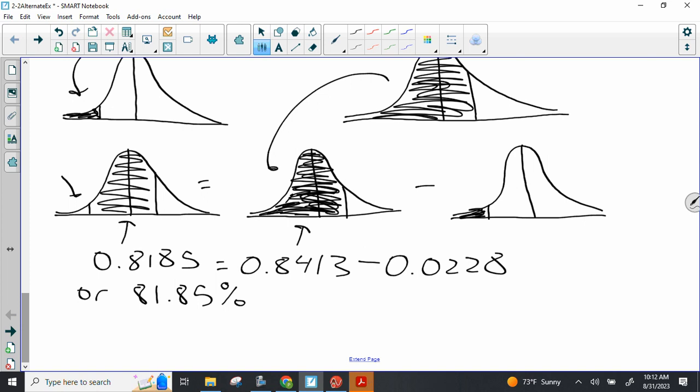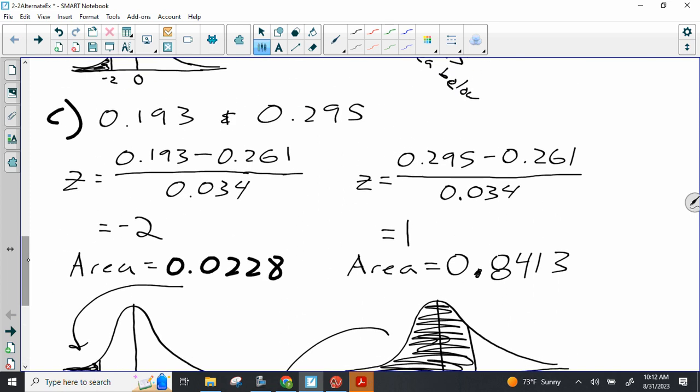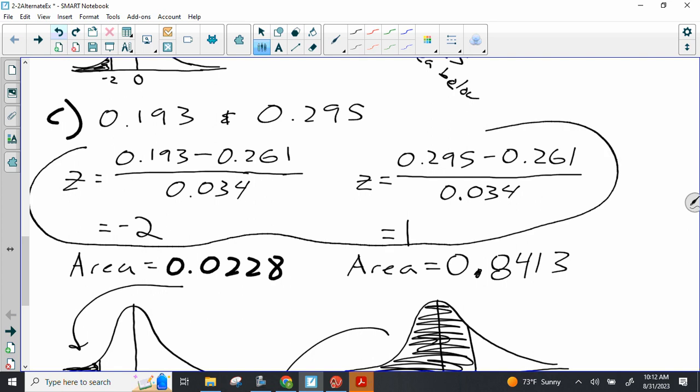Only thing is, if you're going to do it in your calculator, you still need to include this portion. So you're still going to need to show a z-score. The most precise way to answer this question is with a z-score.